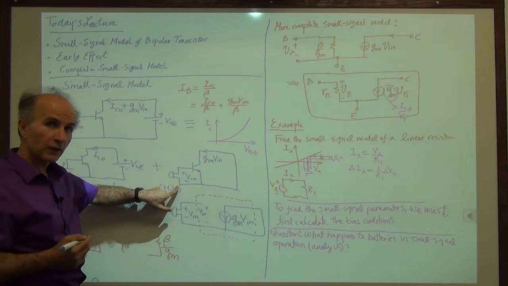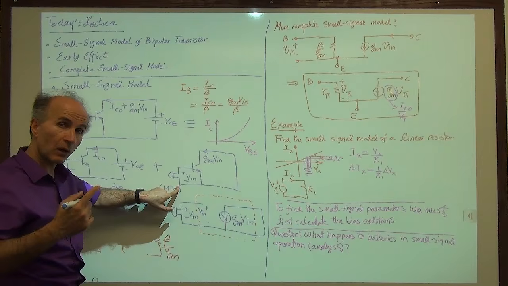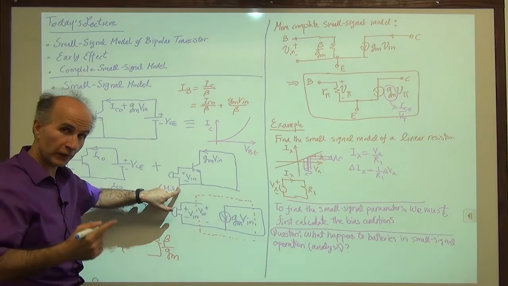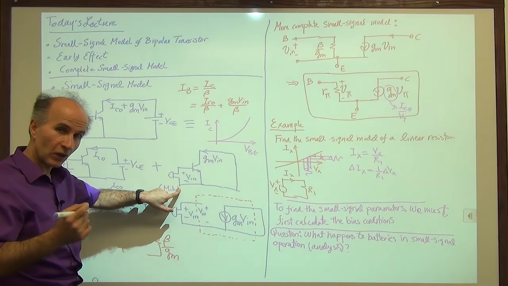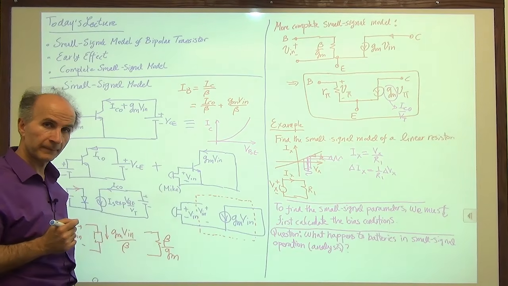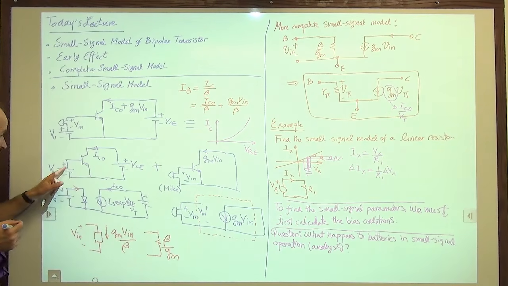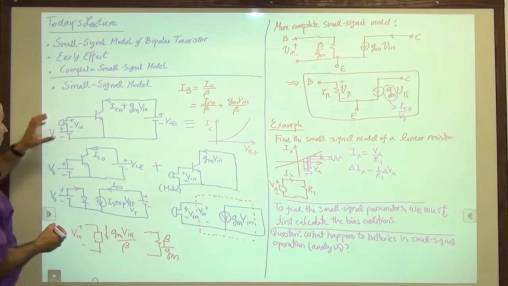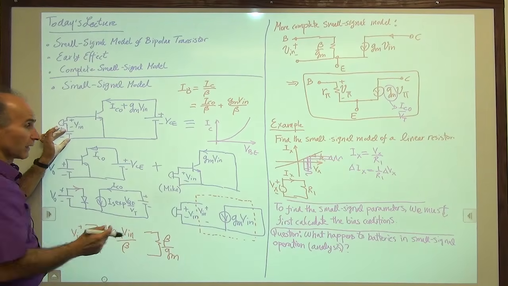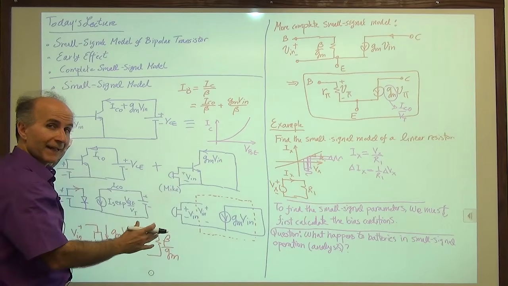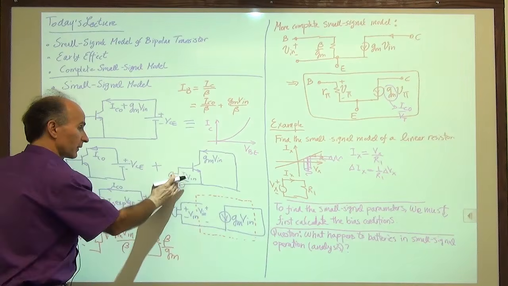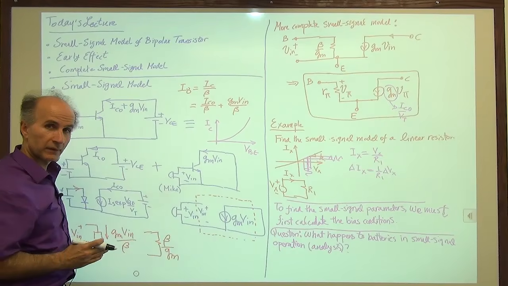So when we draw the small signal model of a transistor and eventually of a complete circuit, we set all of the constant voltage sources to 0. You see that this disappeared here. In fact, when we went from here to here, we set this to 0 because we said the small signal model represents only perturbations, only changes in the base emitter voltage and the collector current.